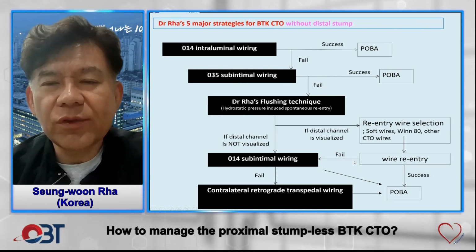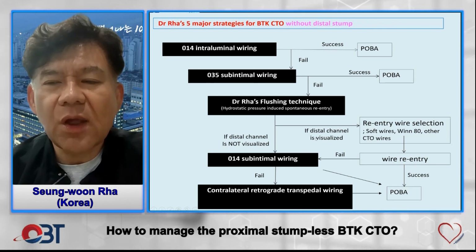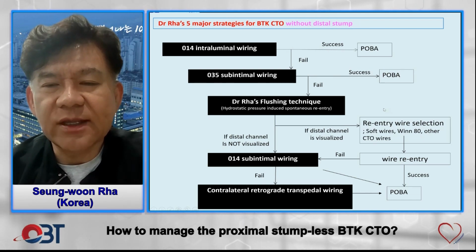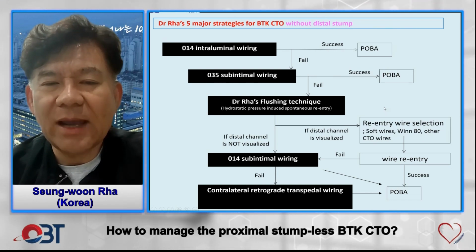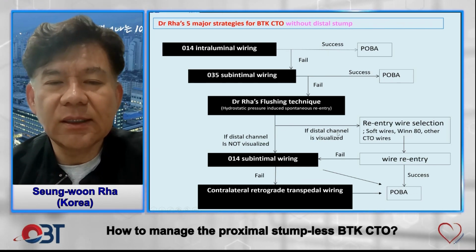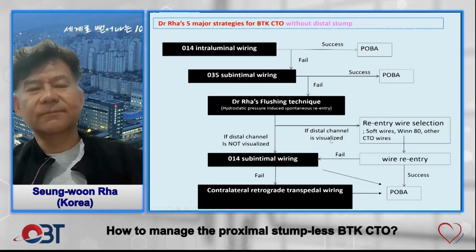So no stump in the proximal, no stump in the distal, no surgical option, no need of venous arterialization in my cases in 95% or more. So you can do every BTK critically ischemic case by endovascular. Thank you for your attention.